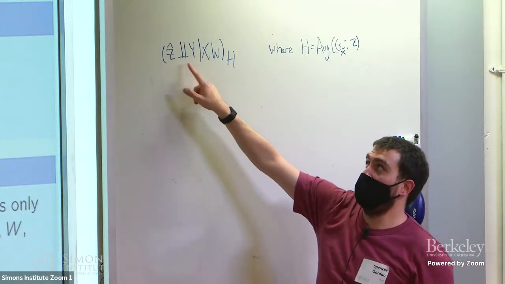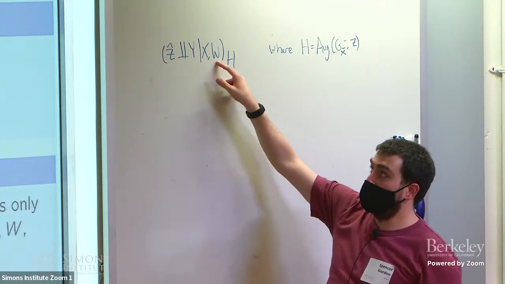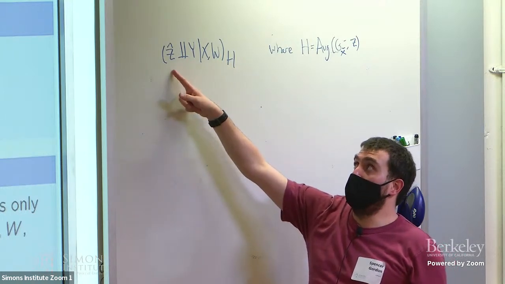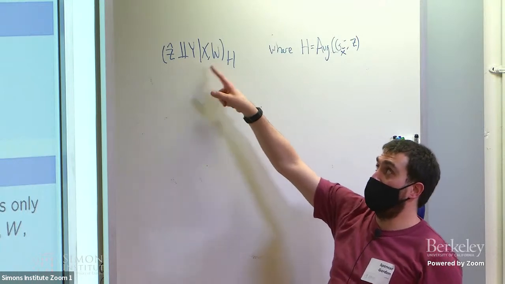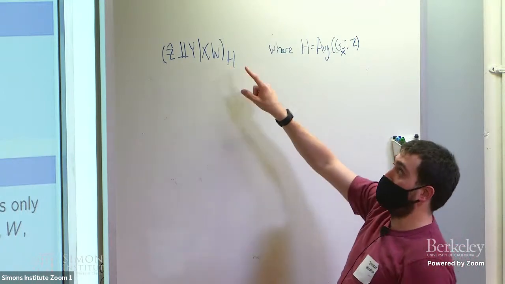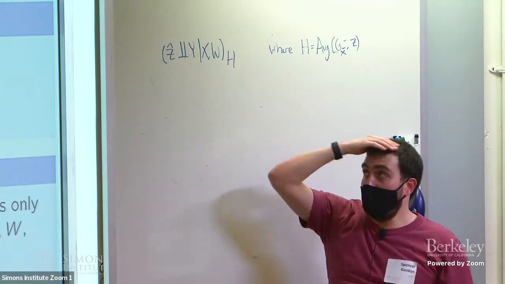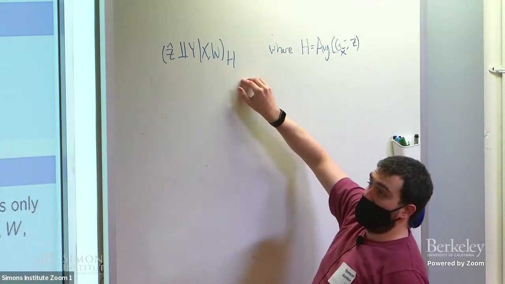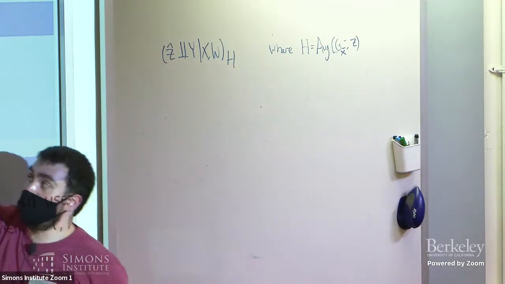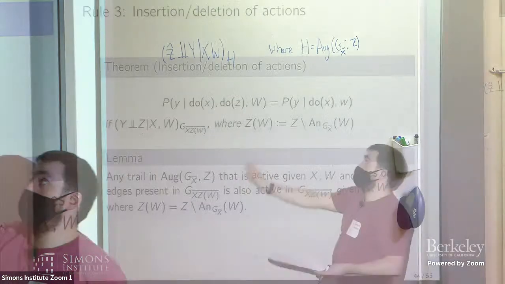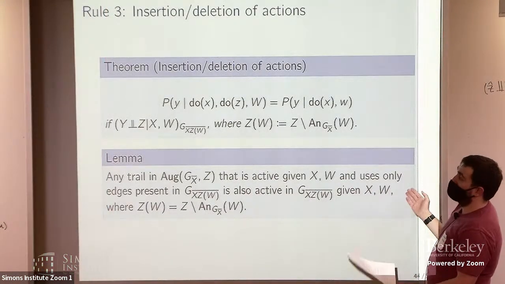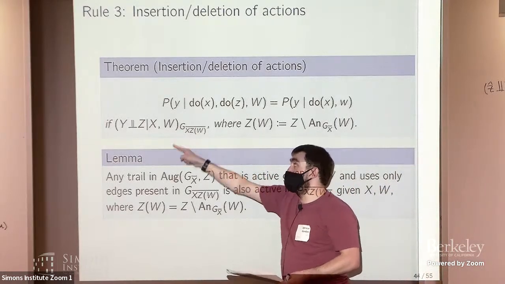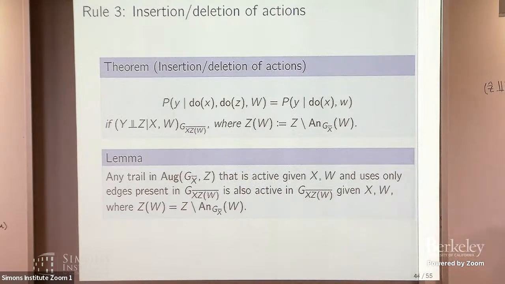Z hat being D-separated from Y given X and W means that doing an intervention gives you no information about Y once you've already observed X and W in the graph where you've already intervened on X. And if you were able to show this, that would immediately imply that you can drop an intervention on Z. The bulk of the work in proving this is just establishing that this condition is sufficient to get this D-separation.